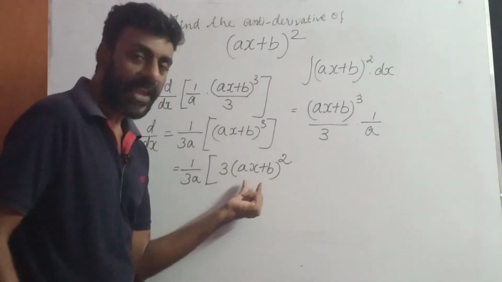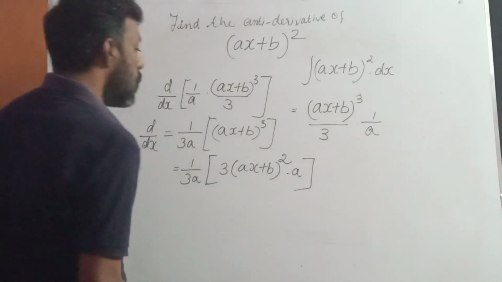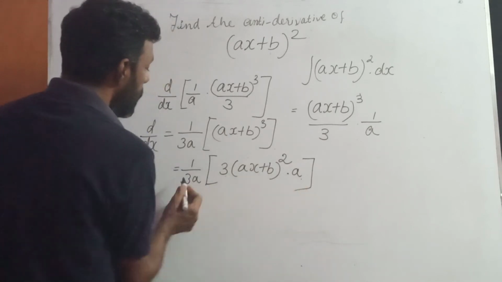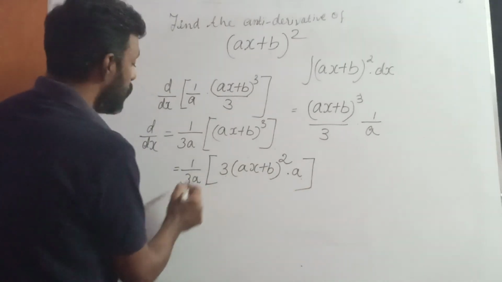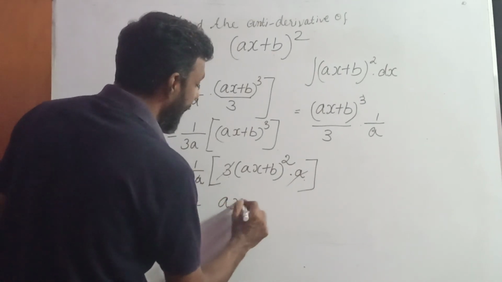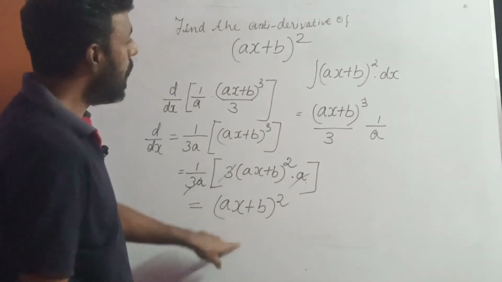And the differential of ax is nothing but a. Here we have 3, here we have a, and there is 3 and a in the denominator, so 3a gets cancelled. We are left with (ax plus b) whole square, which is nothing but our question.